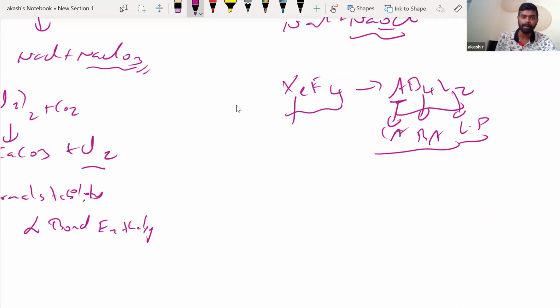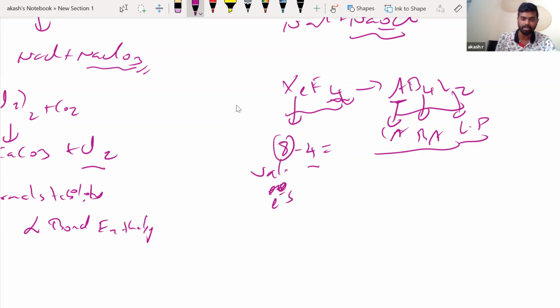Now you see, xenon has 8 valence electrons. 4 of the electrons are involved in bonding with fluorine. So obviously, how many electrons are left out? These are valence electrons, not the total electrons, people.